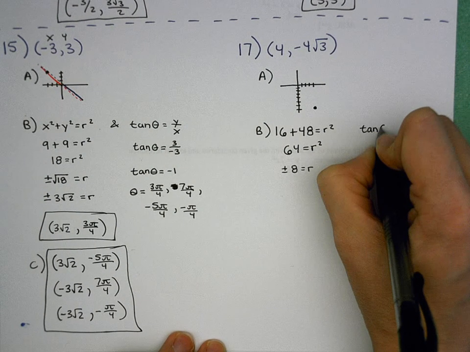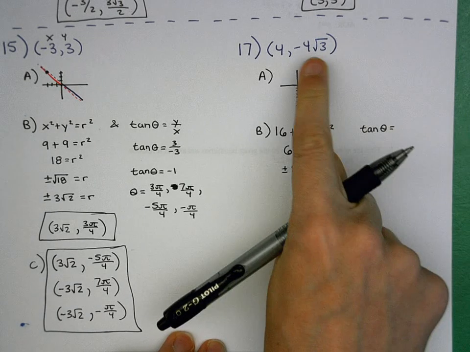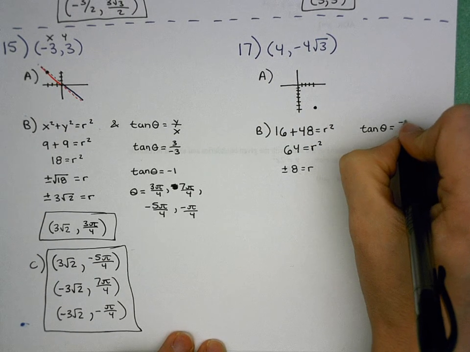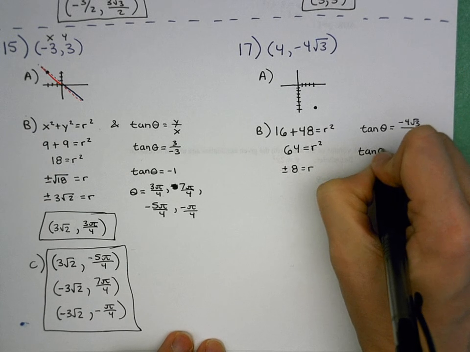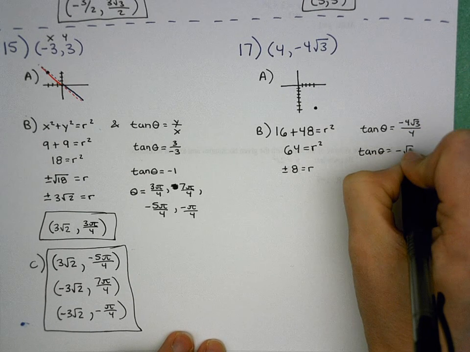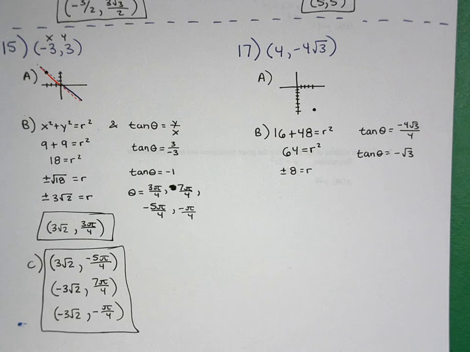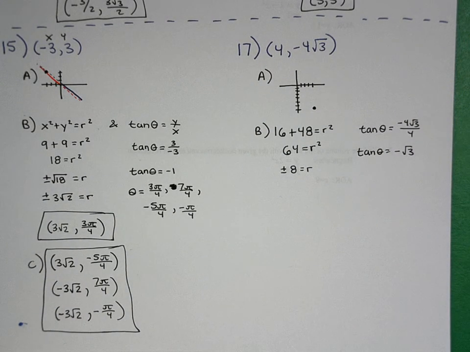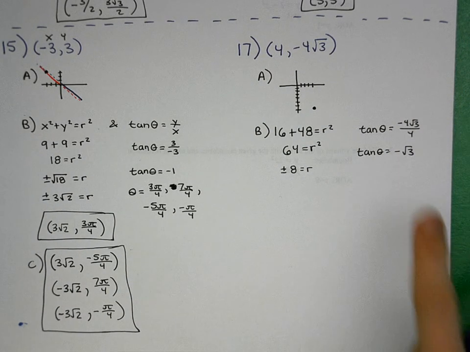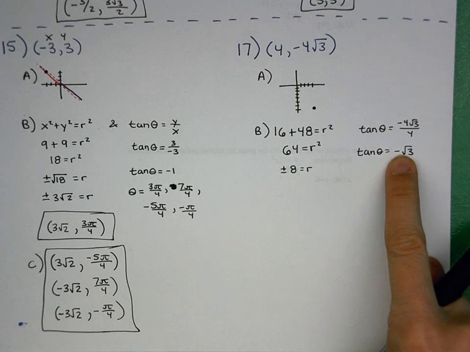Okay, tangent theta is y over x, so negative 4 root 3 over 4, which reduces, the 4's cancel, to negative root 3. So what angle gives me a tangent of negative root 3? Well, the angle that gives me a tangent of root 3 is pi over 3. And so I want the pi over 3 angle in the second and fourth quadrant because tangent has to be negative.